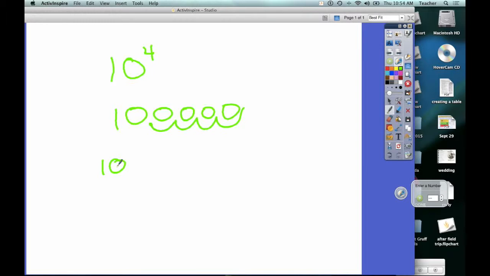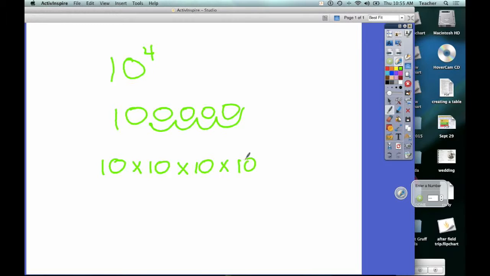No, that would get me to 20. What do you think? No? 10 times 10 equals 100, right? And what would that be? 10 to the power of 2. This would be 10 to the power of 3. And this would be 10 to the power of 4. And when I solve it, it should equal 100,000.